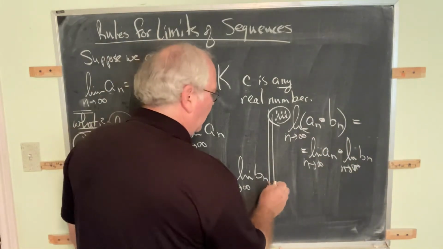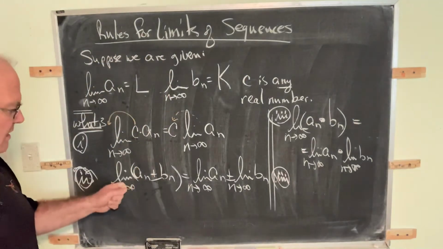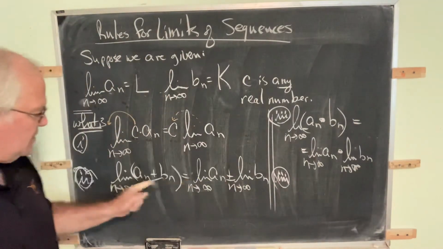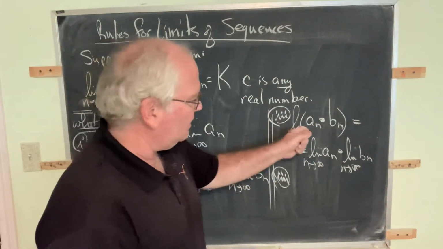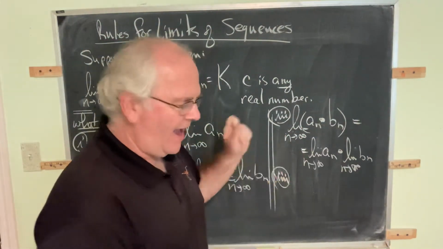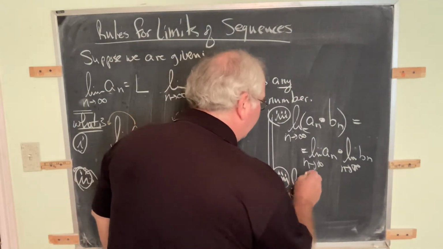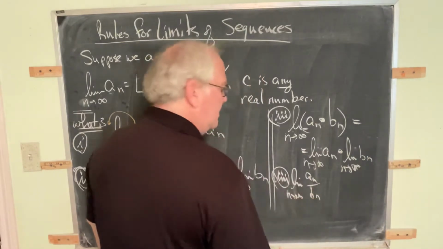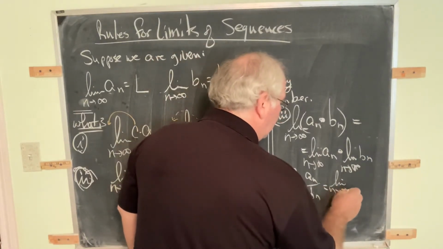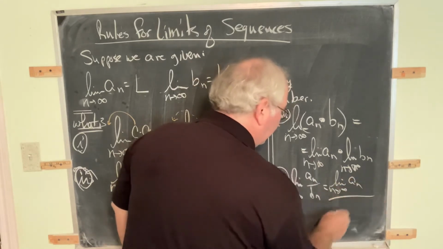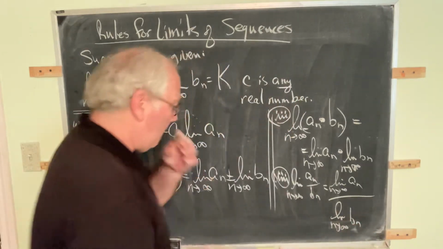And then number 4. So if you add, the limit adds along. If you subtract, the limit subtracts along. If you multiply, the limit multiplies along. And if you divide, if I have An over Bn, then that's going to be the limit of An over the limit of Bn.